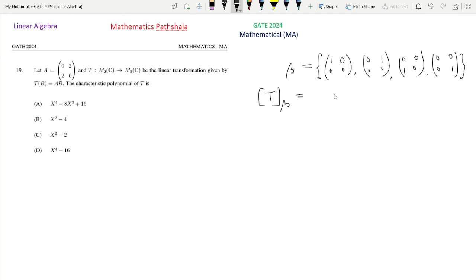Just find this, and this will be a 4 by 4 matrix. Just simply find the matrix representation of T with respect to this ordered basis beta, and this will be 0 0 2 0, 0 0 0 2, 2 0 0 0, 0 2 0 0.